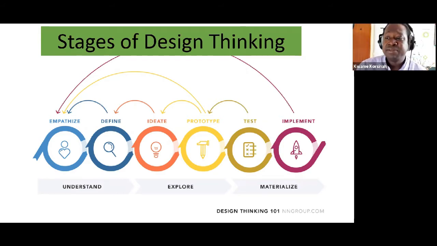The ideation stage is considered as the third component of design thinking, and it's perhaps the most interesting stage. It requires a lot of rigorous thinking and encouraging people to think broadly and out of the box. And while brainstorming for ideas, we check whether the idea is possible, feasible, and viable.